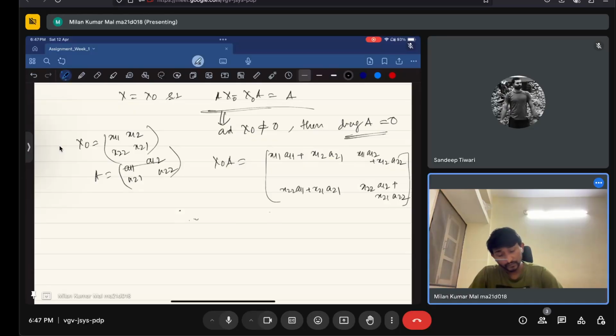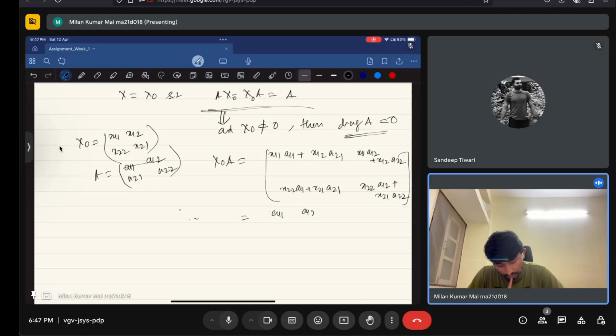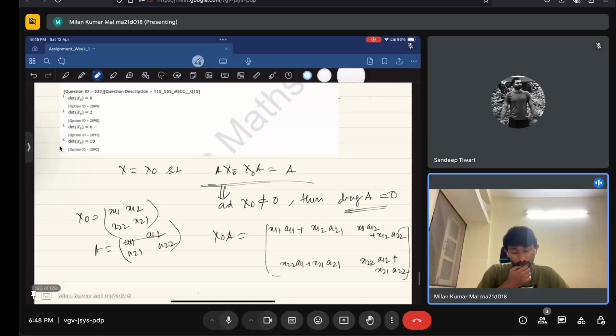This one is equal to the matrix A11, A12, A21, A22. I don't know what happens. Just a minute. So maybe we should not go that way then.